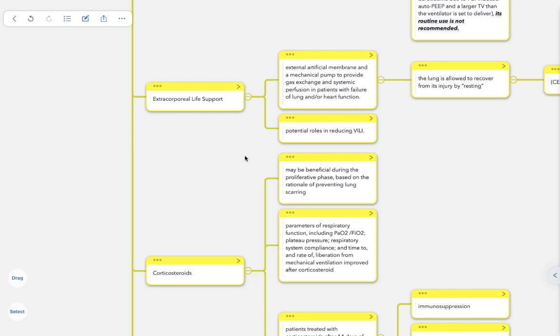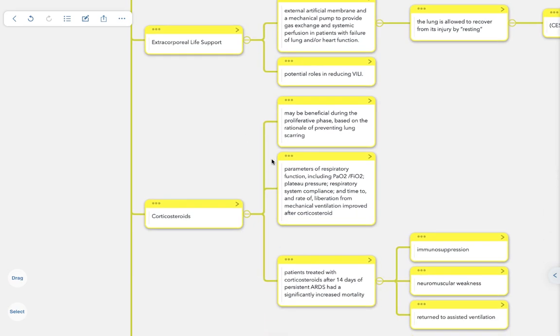And this is what the CESAR trial basically demonstrated, its efficacy. Then coming to corticosteroids. Now, steroids may be beneficial during the proliferative phase based on the rationale of preventing lung scarring, right? And the parameters of respiratory function, including the PF ratios, the plateau pressure, the respiratory system compliance, and time and rate of liberation from mechanical ventilation, improved after corticosteroids according to some studies.